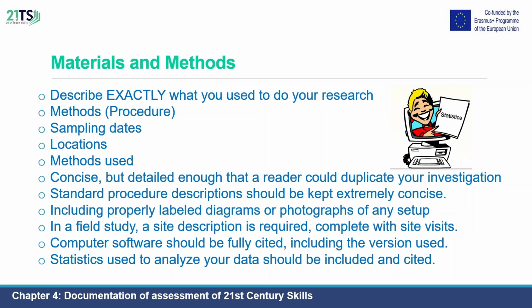You have to describe exactly what you use to do your research, what method or procedure you use, how you decide the sampling date and the location where the research is conducted, and the method you apply for collecting the data. Be concise but detailed enough that a reader could duplicate your investigation.